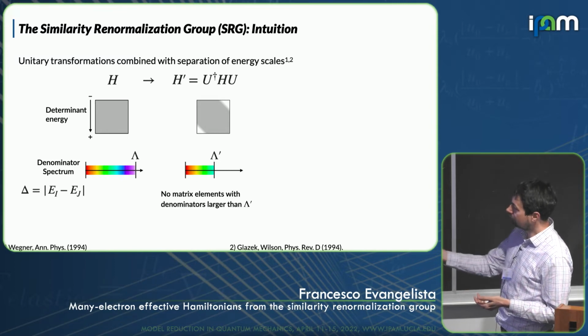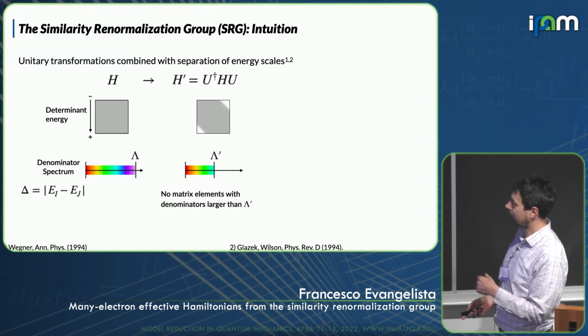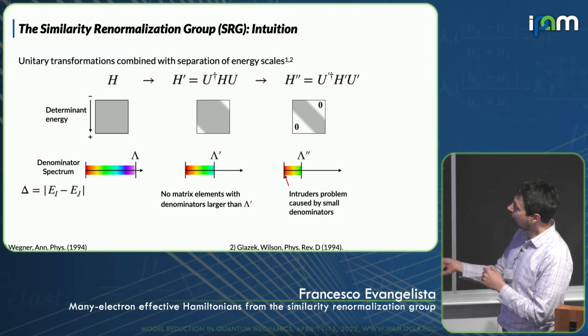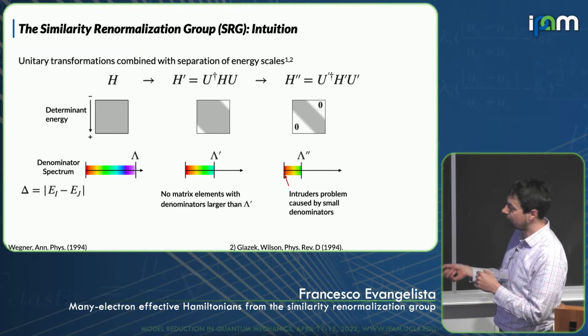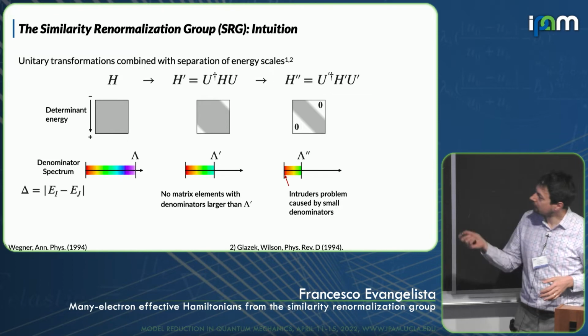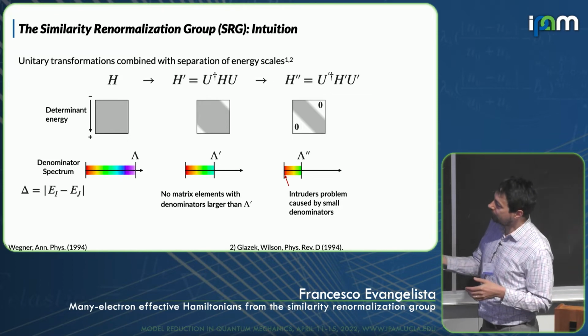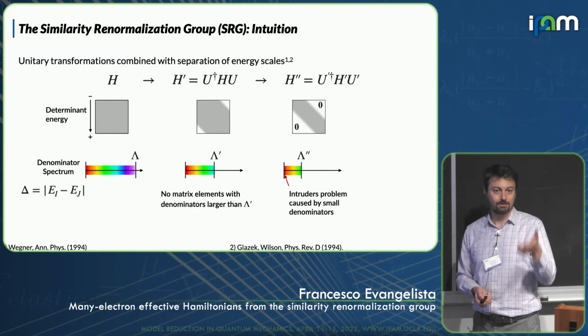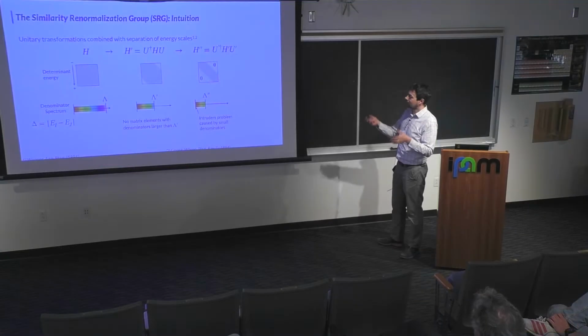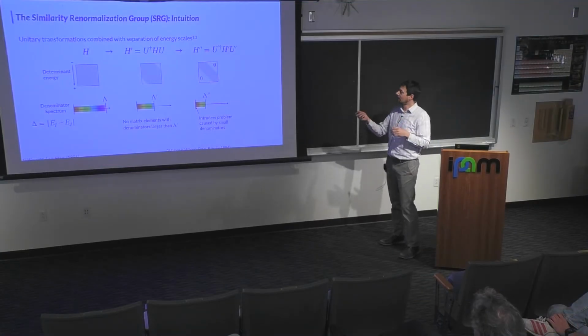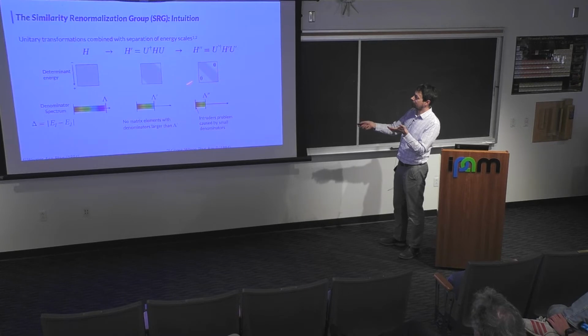And here I'm showing a discrete transformation that's going to be more general. And I keep doing this until I reduce the spectrum. And as I do this, if I order my basis according to the energy of these determinants, I'm going to get a banded matrix with approximate zeros that develop at these two corners.